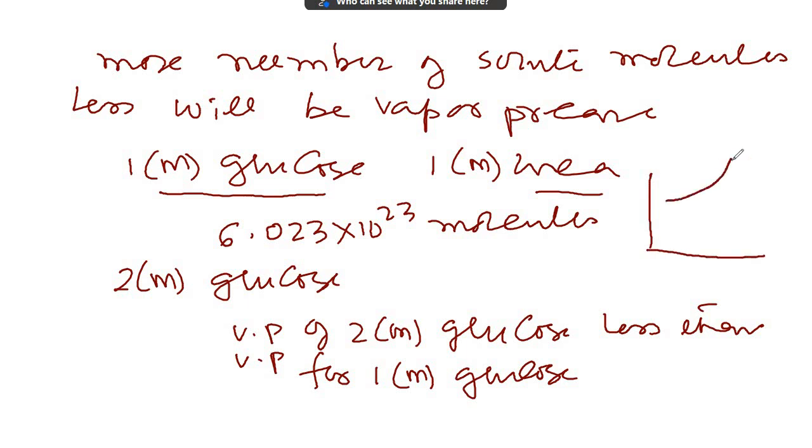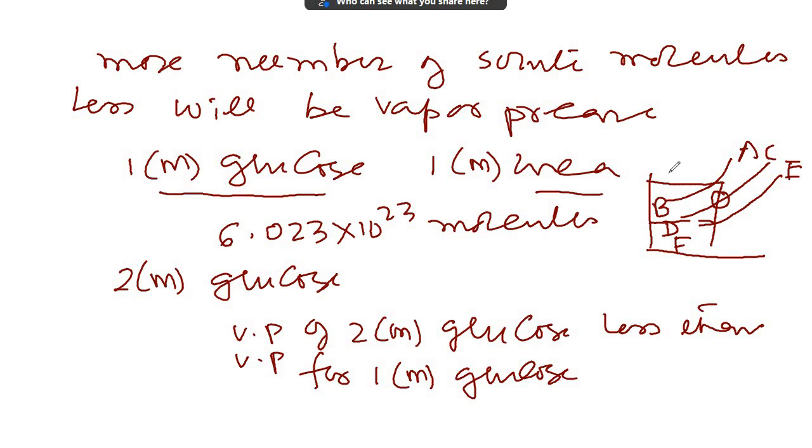Suppose AB stands for the solvent line, CD stands for the 1 molar solution line, and EF is the 2 molar solution line. EF is lower than 1 molar. Hence, the more the concentration, the less the vapor pressure of the solution.